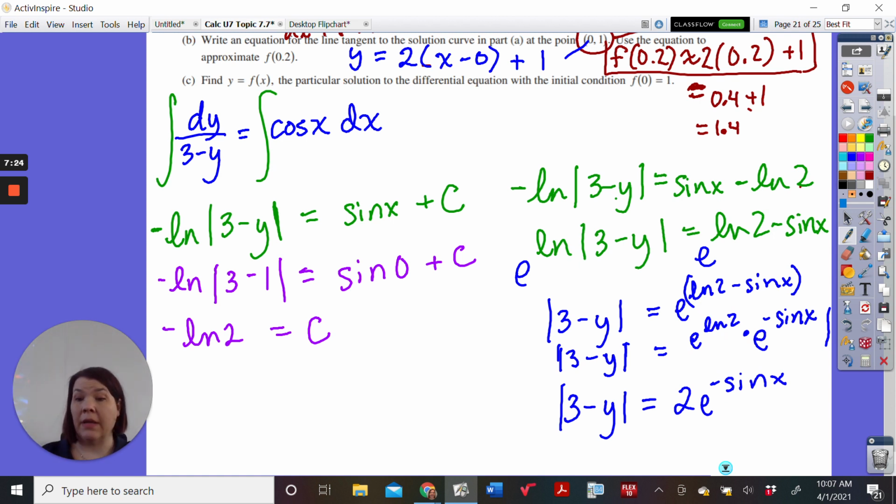All right, now we got to get absolute values to go away. So 3 minus y equals plus or minus 2e negative sine x.